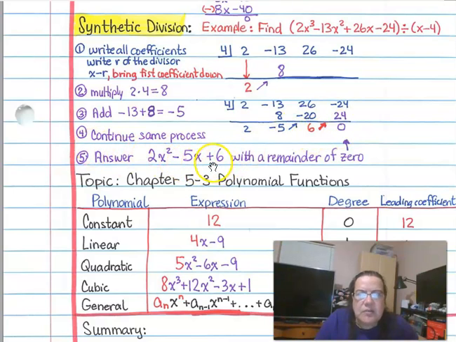So now you put it all together. Normally, you don't start with x cubed, you start with the next number down. Since you already divided by an x, you're going to probably start with the x squared term. So if this is my answer, I put 2 in front of the x squared, minus 5 in front of the x.